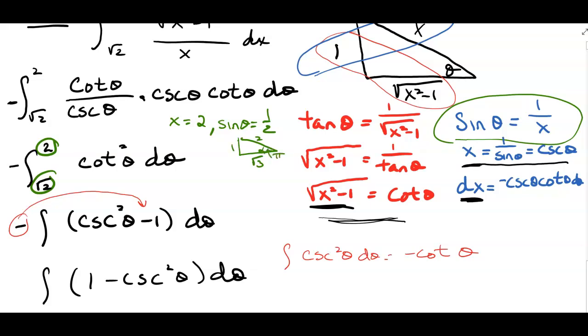That would end up being the angle pi over 6. So theta equals pi over 6, and this upper bound of 2 actually becomes pi over 6. And when x equals radical 2, I have sine of theta equals 1 over radical 2. That's your 45 degree triangle, so that's going to end up being pi over 4.